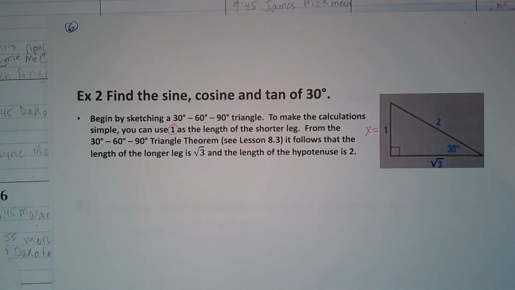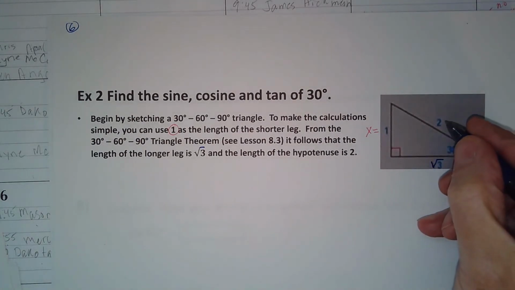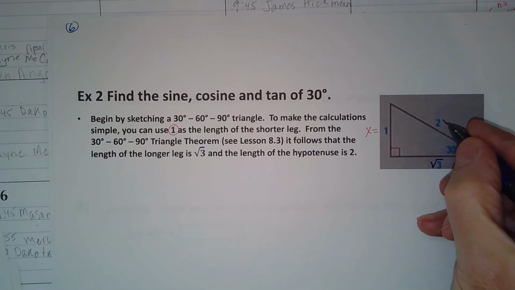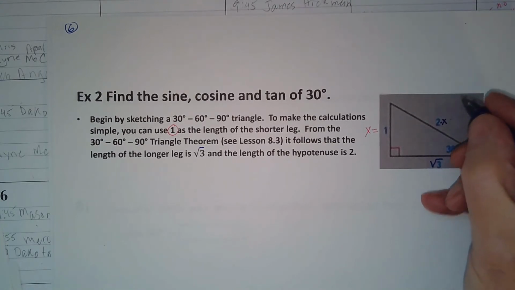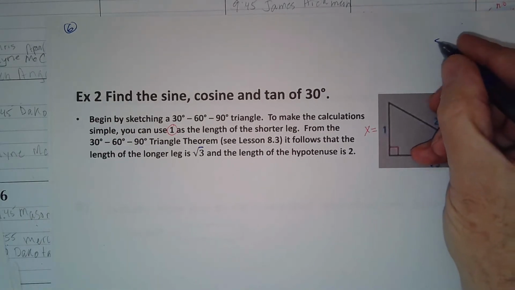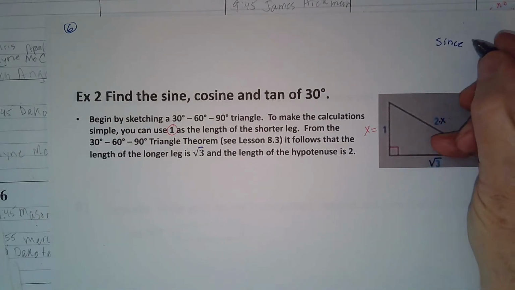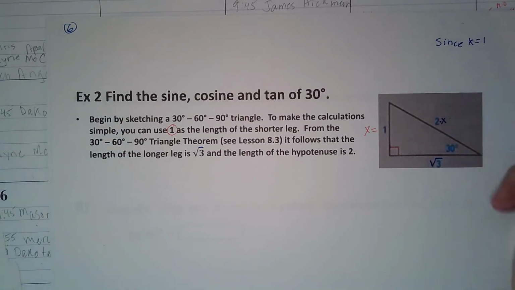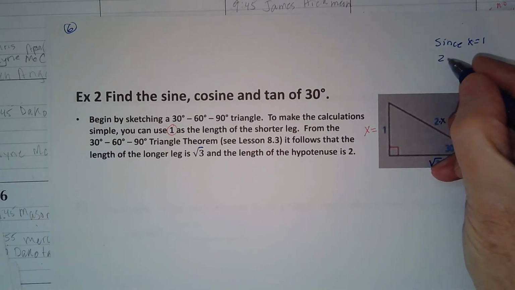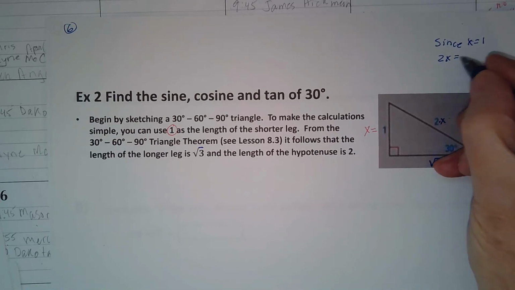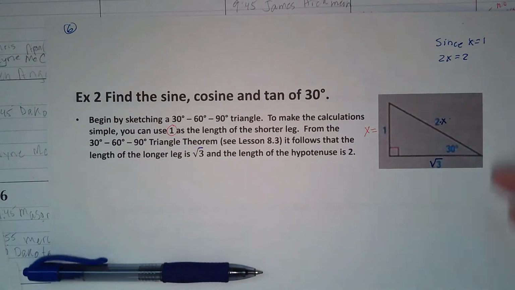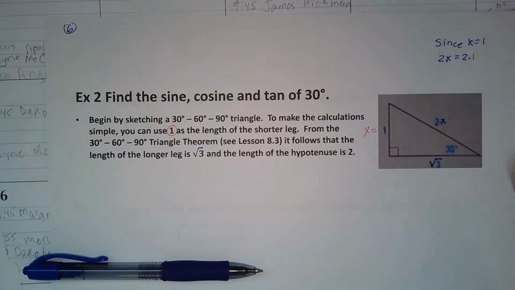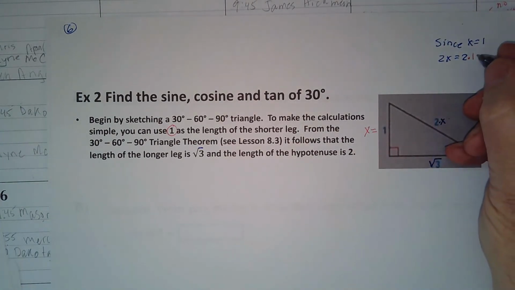Well, remember, this is 2 times x. But in this case, since x equals 1, two times x equals 2 times 1, which equals 2.